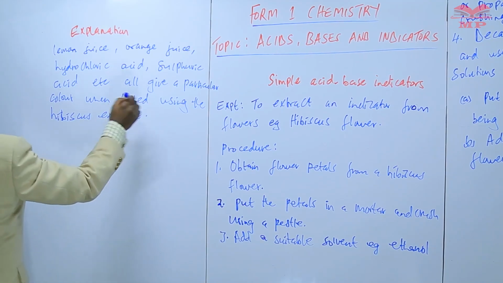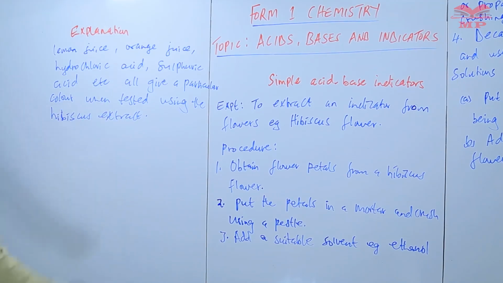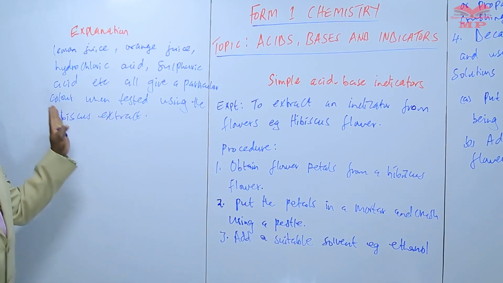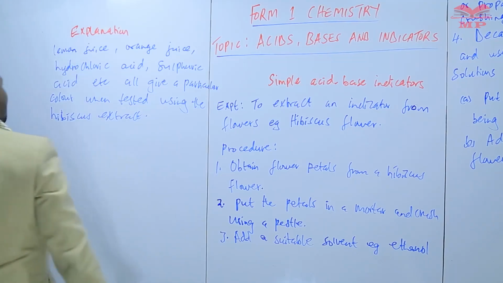So all of them will give a specific color, let's say, for example, red. So when they all give the same color, it means that all of them have the same properties. So all of them are acidic in this case.